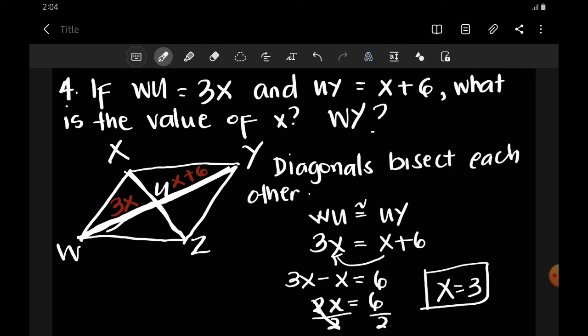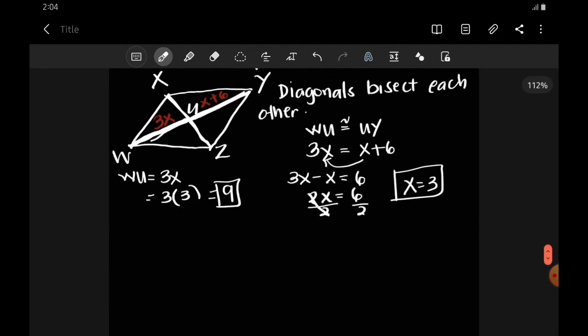So let us solve WU. So WU is equal to 3x. So the x, let us replace with 3. So WU is 3 times 3, that would be 9. So even if we don't solve UY, because they are congruent.